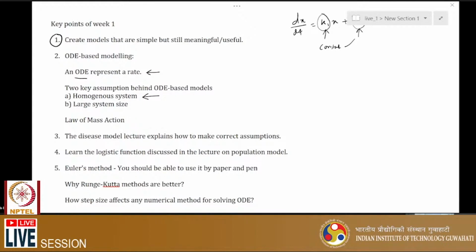The problem starts if there is unequal distribution. For example, suppose I am working on a cell in which I have a region where a certain membrane structure may be present, for which some protein gets more concentrated, whereas the concentration of the same protein somewhere else in the cell is lesser.